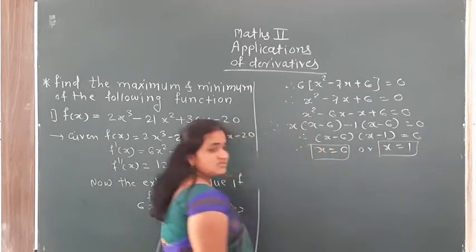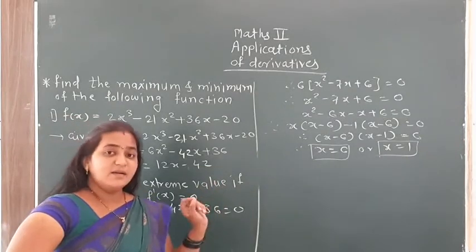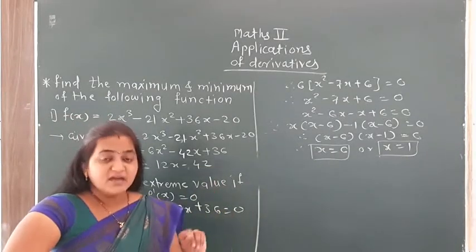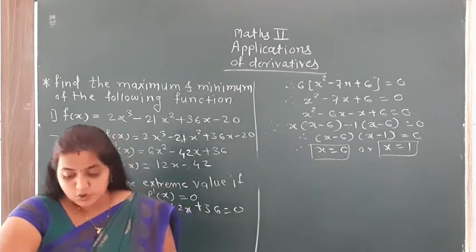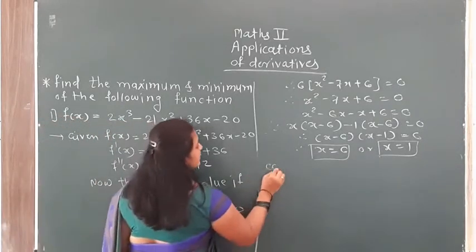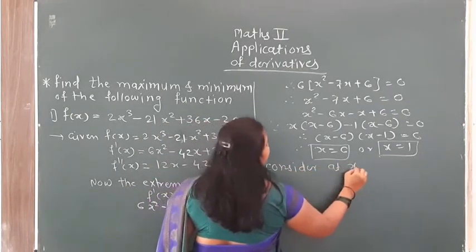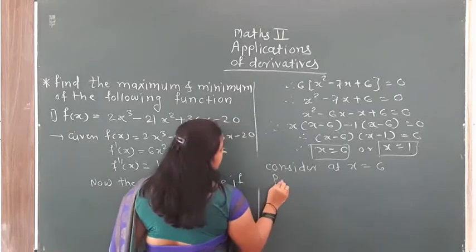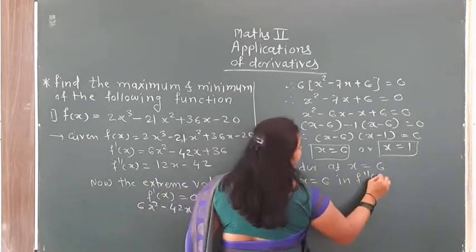Now we can find the third step. We put x is equal to 6 in the double derivative and then check whether f double dash of x is greater than 0 or less than 0. So consider first x is equal to 6. Put x is equal to 6 in f double dash of x.